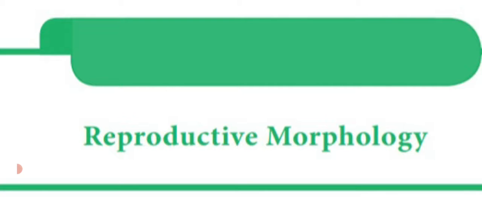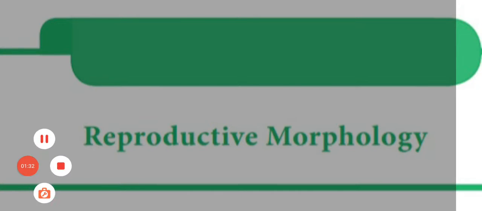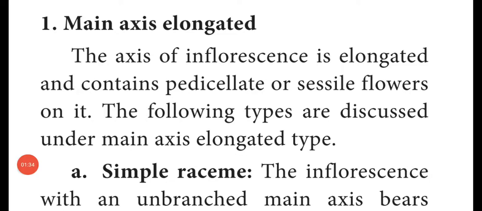Now we are going to see the different types of racemose inflorescence and their floral arrangement and their structural changes. Dear students, first we are going to see the main axis elongated type of racemose.